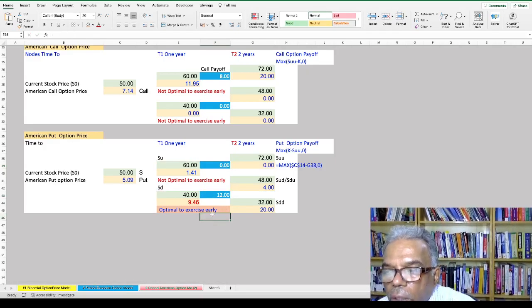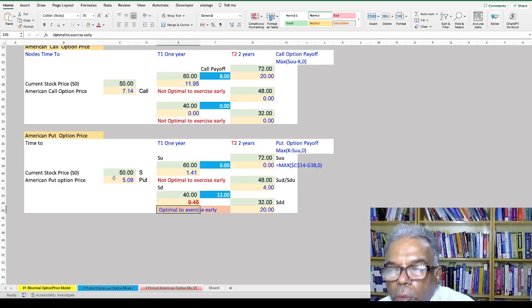Now you can compare. Here it is not optimal to exercise, as the present value is more than 0. But look at this node: 12 is greater than 9.46. So the expected value is lower than the actual put option exercise value, so you can exercise early here.